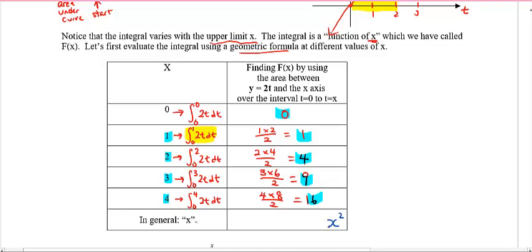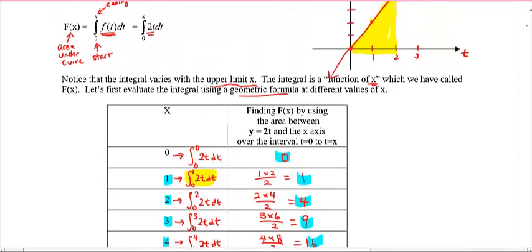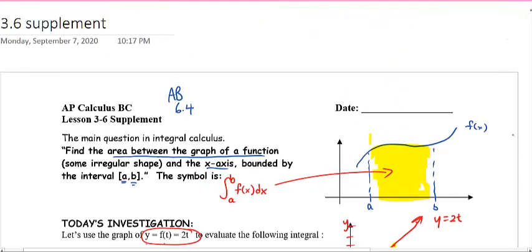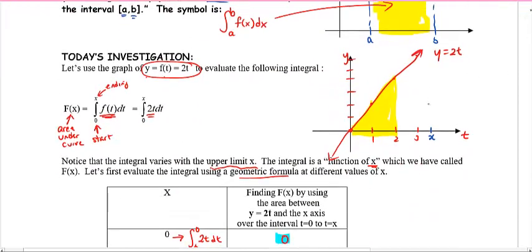Now let me try to prove this to you, because really I'm going from 0 to x of 2t dt. And if I did go to x, let's just pretend x was like some weird number out here. Notice that the triangle that I'm creating is this. And how would I describe the base? That's x. How would I describe the height? Well, the height is 2 times t. My t value is x, so it's double that, 2x.